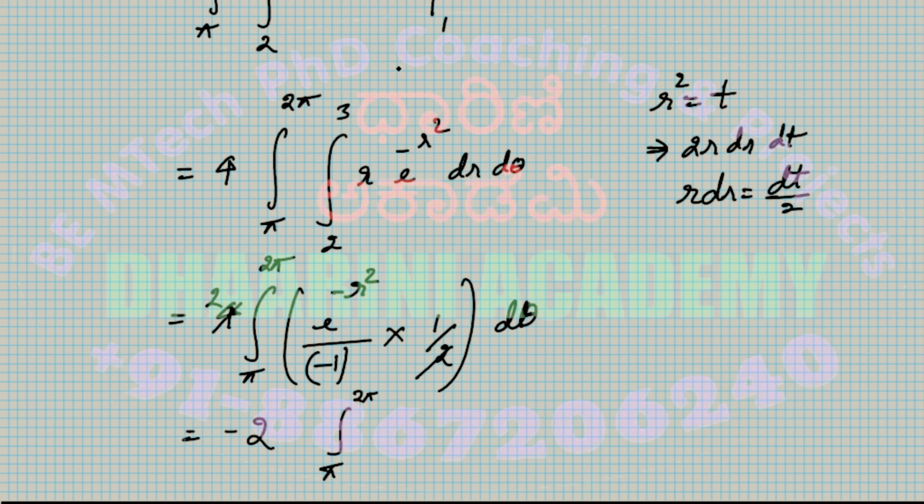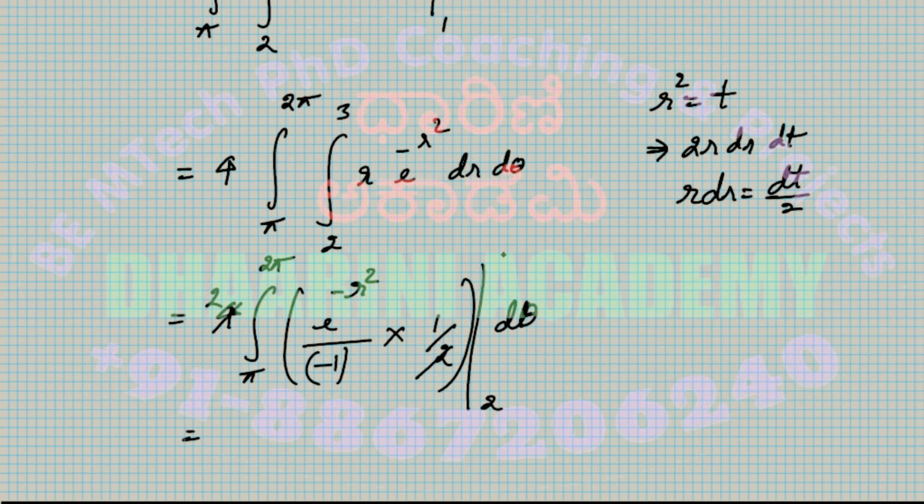Oh, my mistake. I didn't substitute. The integral of e to the minus t is e to the minus t by minus 1. That's fine, that's correct, I just followed the integration rule. Now actually I made a mistake: I didn't substitute the limits 2 to 3.